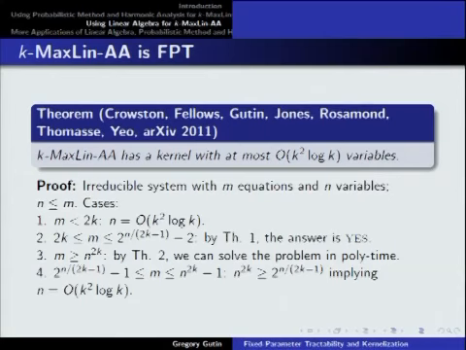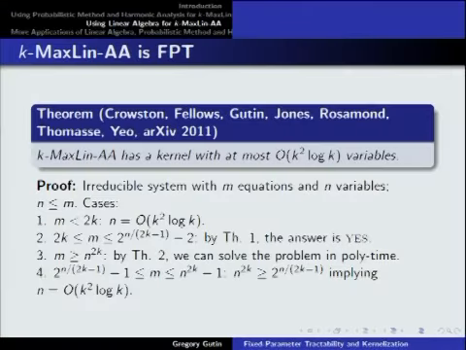Now, the proof is simple here. It is a simple case analysis. We know that n is less or equal than m. If m is less than 2k, then we are done. If m is more or equal than 2k and less than that function in our theorem 1 above, then the answer is yes, we know from that theorem.